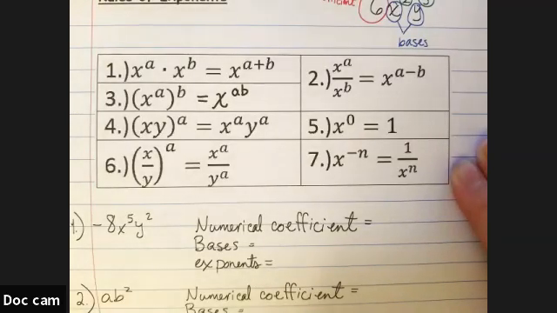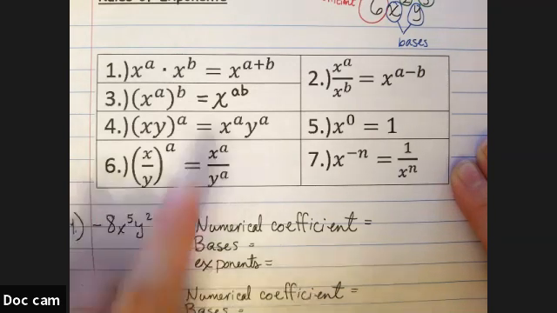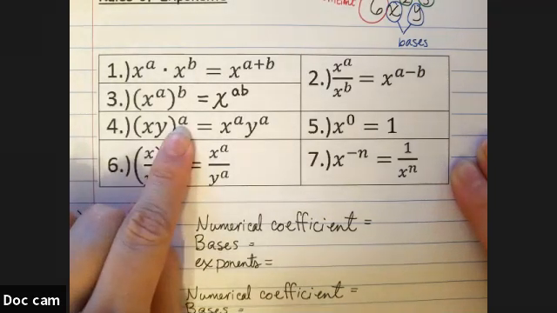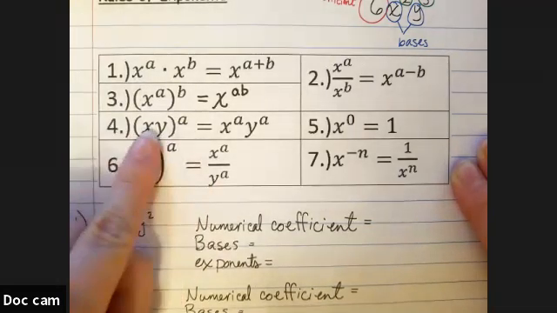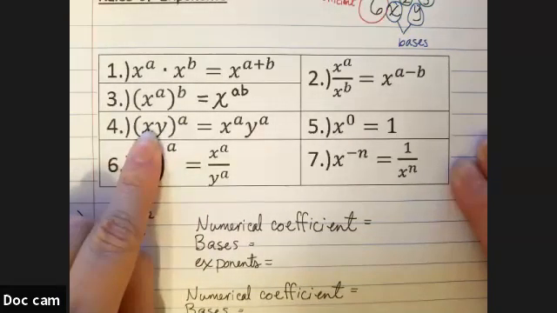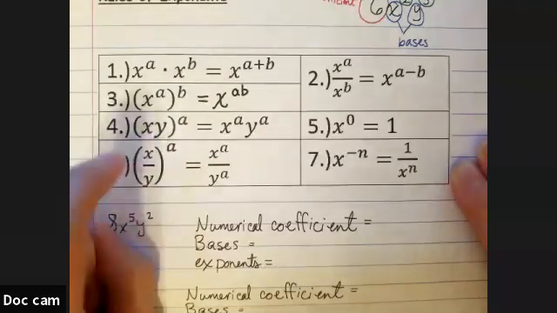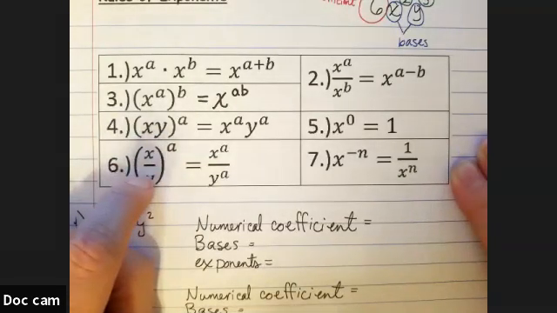Those ones seem to be pretty easy to remember. If you have an exponent on the outside of the parentheses, and the thing inside the parentheses is one term, meaning they're just multiplying or just dividing, then you can distribute that exponent.